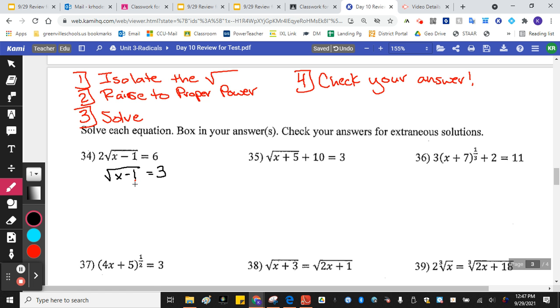To get rid of the square root, you square both sides, because the square root and the square cancel. And then 3 squared is 9. So x equals 10.